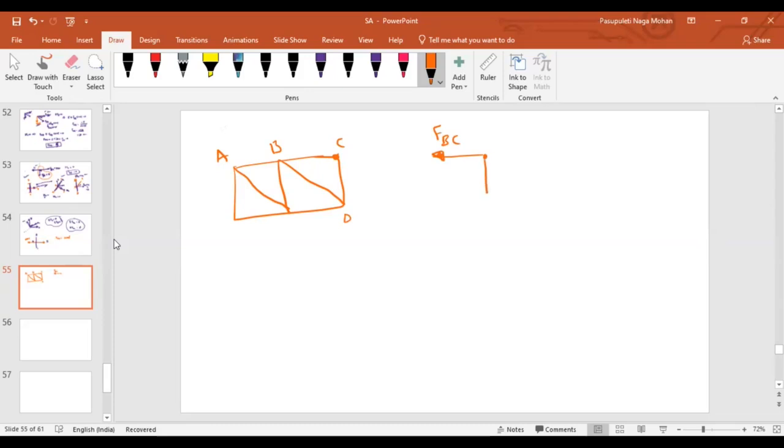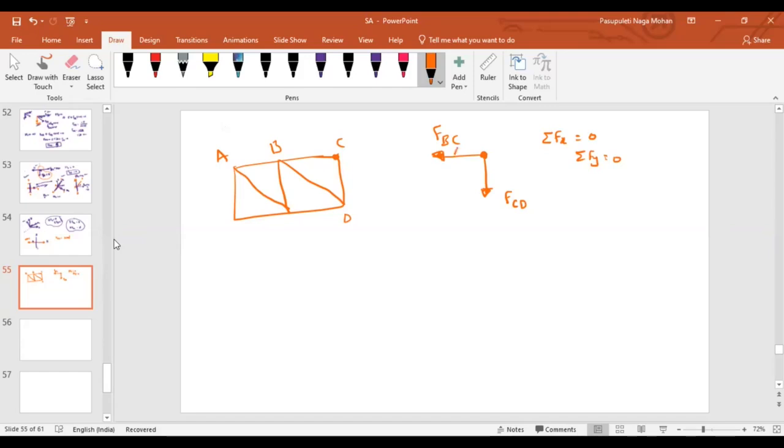Similarly, drawing a line along CD, I'm representing it away from the joint. Now, if I apply the equilibrium equations, can you tell me how much you will get? Can you tell me what is the force in this member and what is the force in this member? No force, sir. No force.